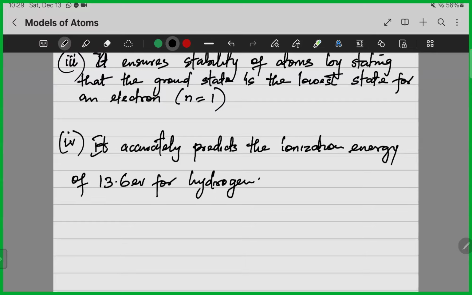We'll discuss more on this concept in our next class. We'll go to the electron cloud model. But keep in mind that the ionization energy is 13.6 electron volts for hydrogen. And at some point, we'll talk about what ionization energy means. And please remind me to talk about that.